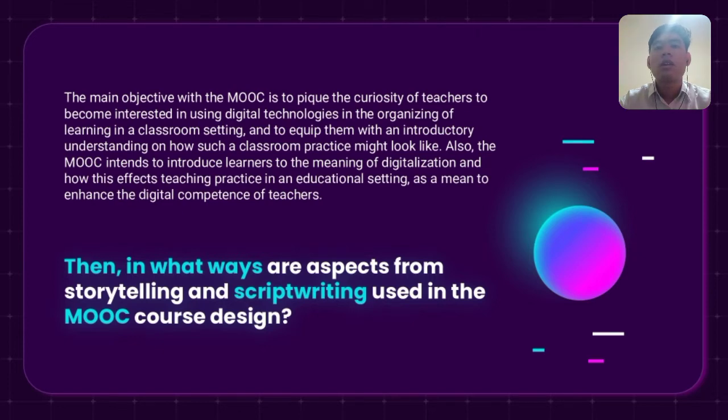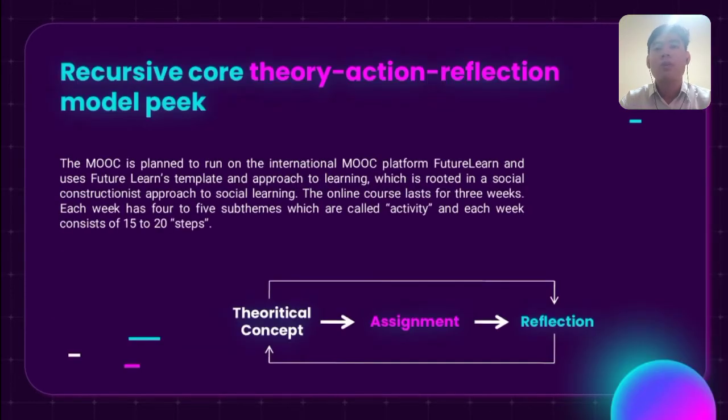Then, in what way are aspects from storytelling and scriptwriting used in the MOOC course design? The MOOC is planned to run on the international MOOC platform FutureLearn and uses FutureLearn's template and approach to learning, which is rooted in a social constructionist approach to social learning.